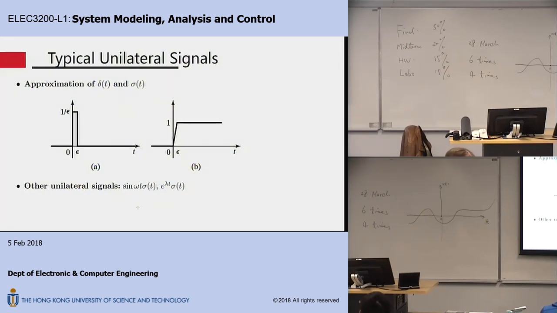It's a very high, very narrow impulse, so that you have a fixed area. Those two signals are the ones we're going to use all the time.